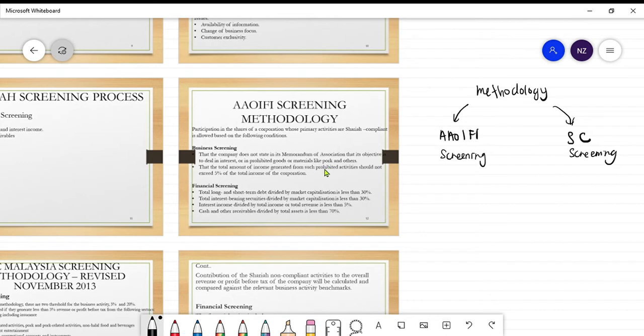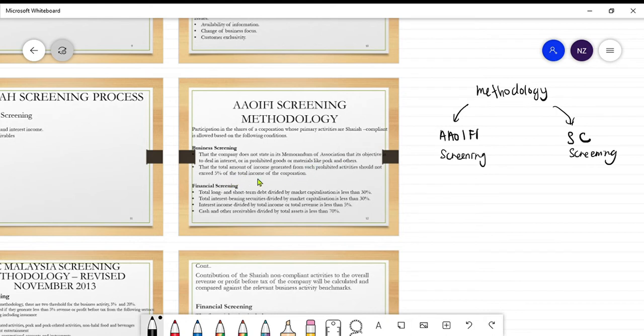So the income yang dia generate from such prohibited activities, kita kena kira. So the income should not exceed 5% of the total income of the corporation. So meaning 5% ni is the benchmark. Although dia tak tulis and state the objective of dealing with interest in the memorandum of association, kita still have to calculate dia punya income you receive from these prohibited activities up to 5%.